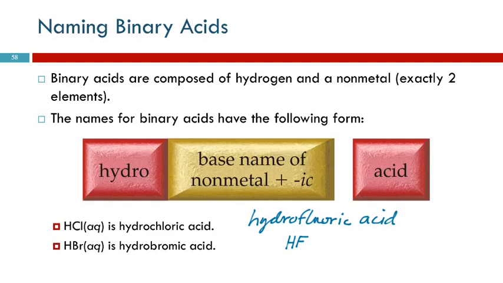Are they always one of each? No. So this forms ions, and what ions does it form? Well, hydrogen forms a +1 ion, and fluorine forms a -1 ion. We've learned how to predict that. So we know that this is one of each, just HF and not H2F or something, because these charges match up.